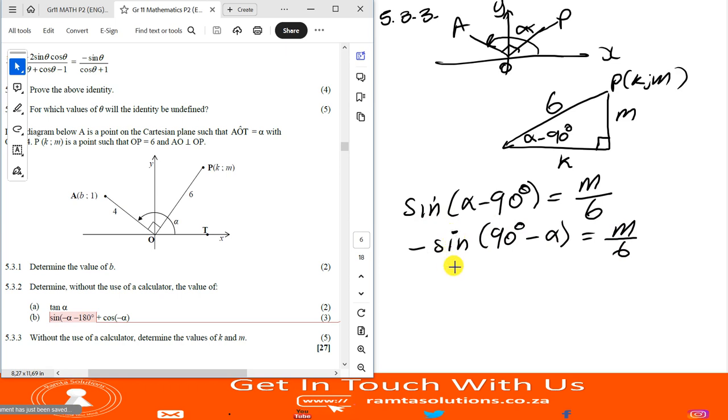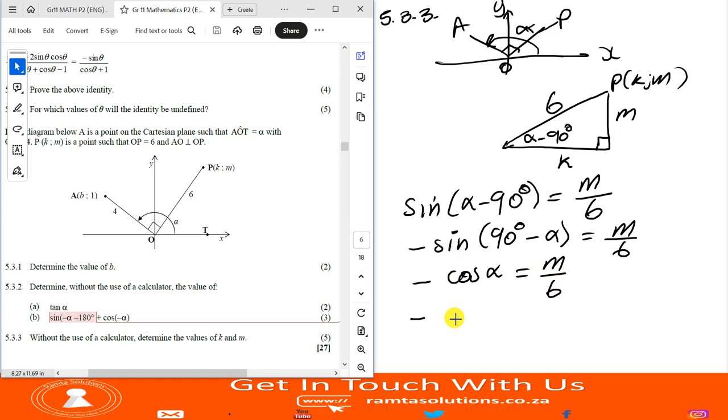Now, check this out. We have sine of 90 minus. Sine in the 90 minus is positive, right? Now, because of the 90, sine has to change. It'll be cos alpha. So negative cos alpha is equal to M over 6.